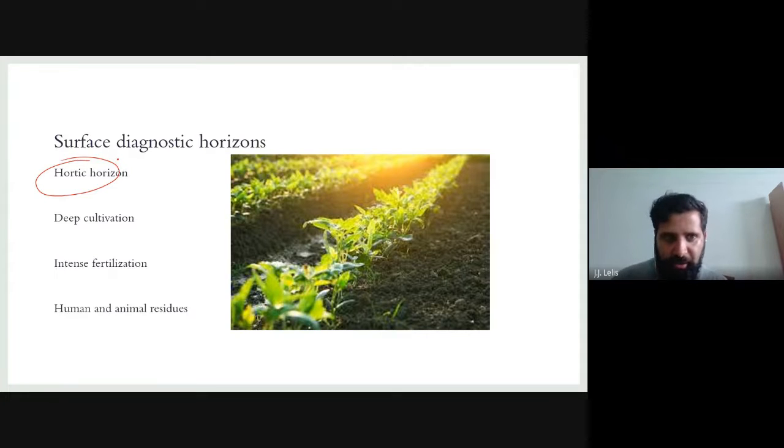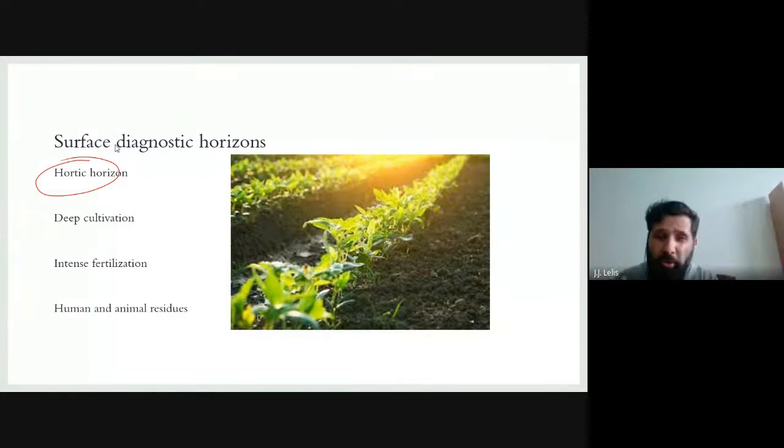We also have the anthropic influence in both horizons, but in one case, we have just a mix of materials with limestones and organic residues, and in the other one, we have irrigation that increases the content of fine particles in the surface. So they have different processes that create different horizons.